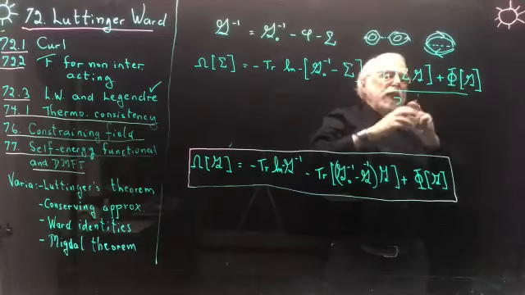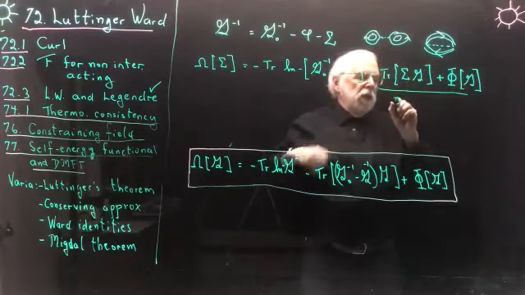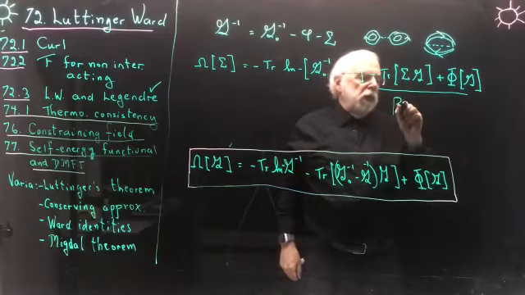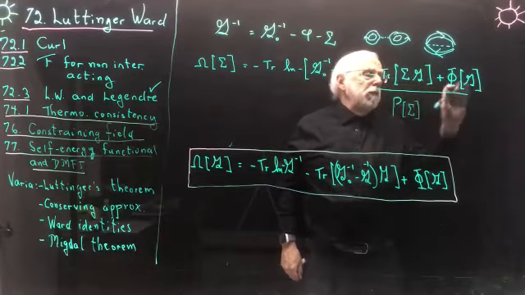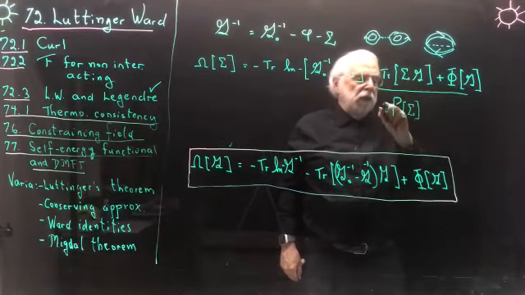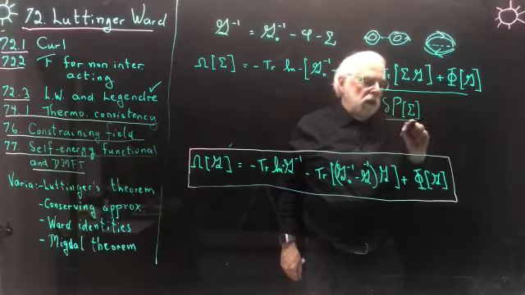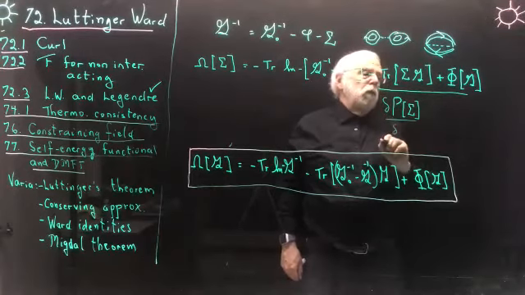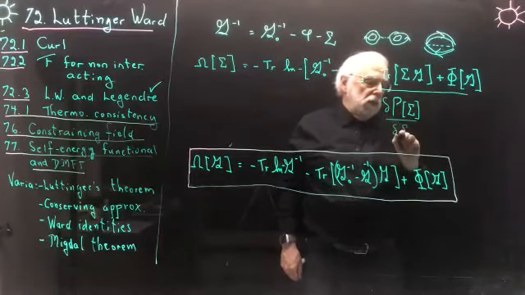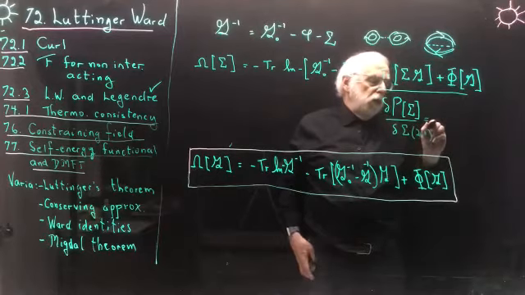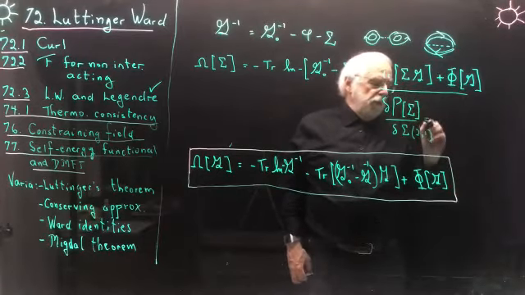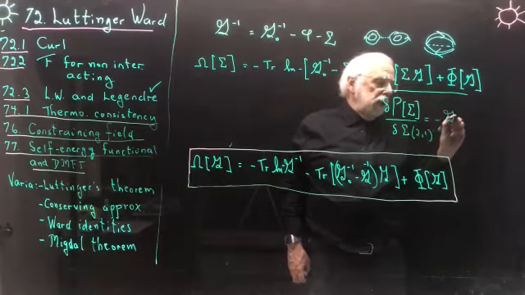But I prefer to write it this way because then it's clearer that if I look at, for example, P, if I define this as P of sigma, then the functional derivative of P of sigma with respect to sigma, sigma 2, 1, will be equal to minus G12, right?